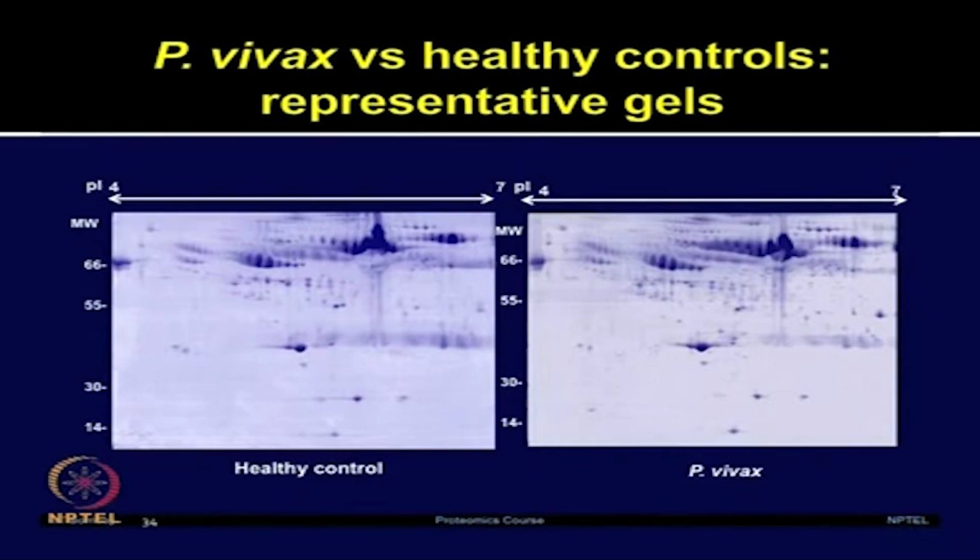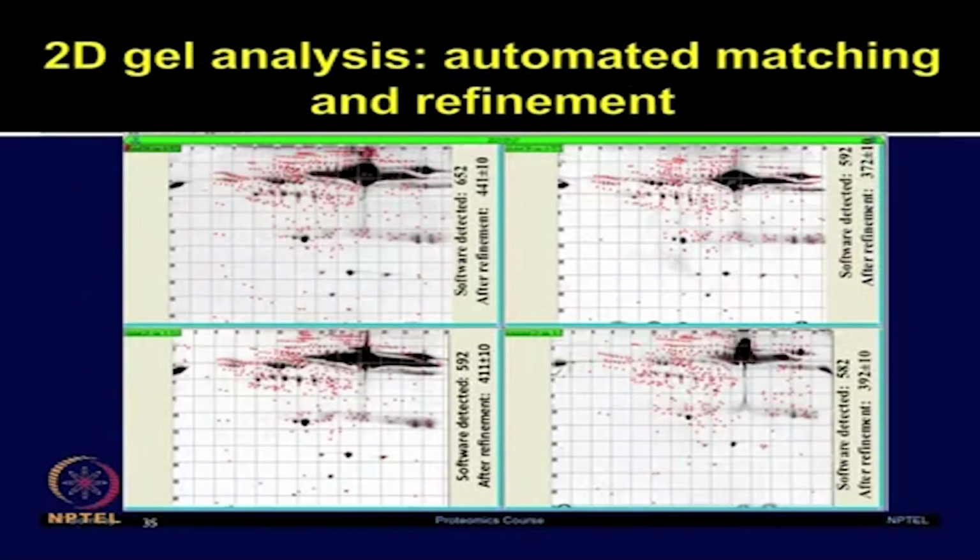These samples, as you can see, showed a large number of protein spots resolved on these gels, and then after separating these protein samples on these 2D gels from various patients and controls, the most challenging task was the data analysis.